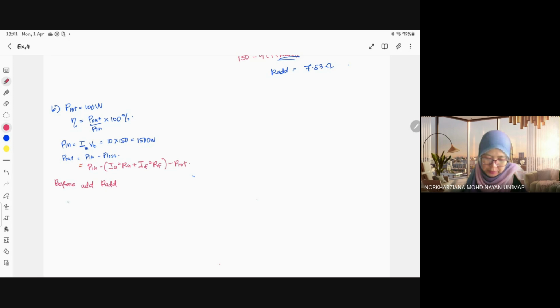So your P out equals to 1500 watt minus 9 square times RA is 1.